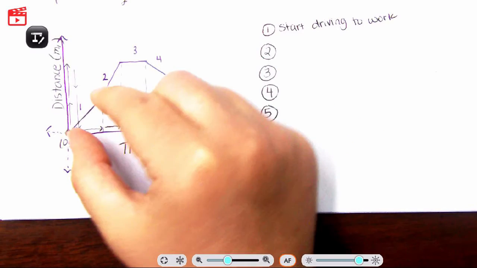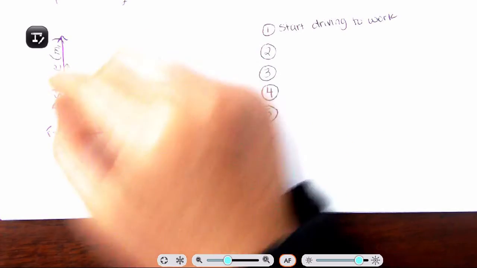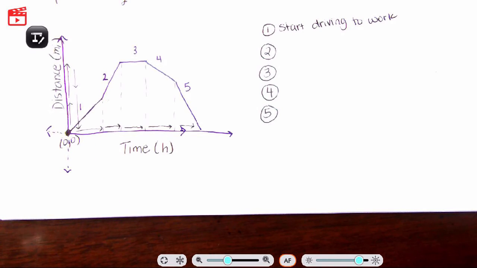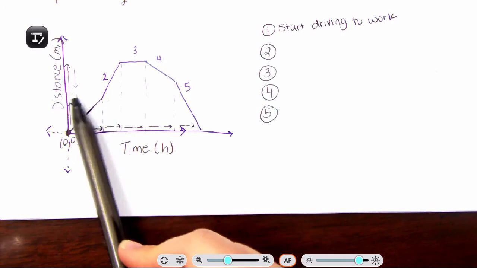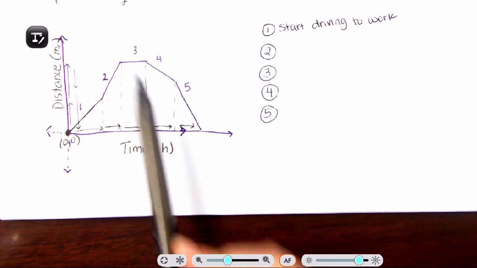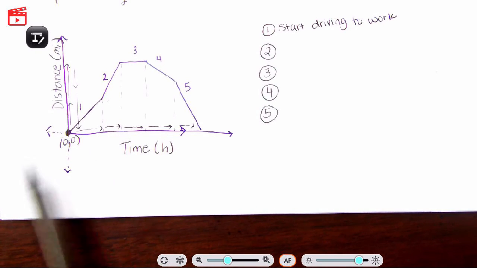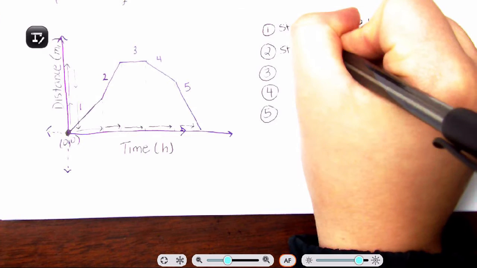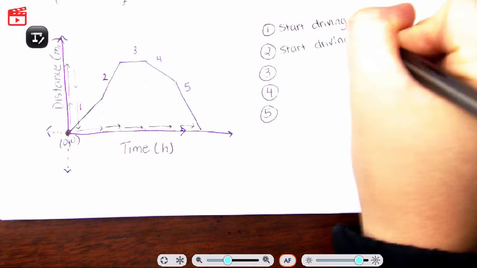My 1 section is a little bit smaller in my distance. So my distance is greater for 2. I go up more in 2. However, my time is shorter. So in a real world situation, what takes less time but greater distance? So for 2, I'm saying I realize that I'm late and I start driving faster.